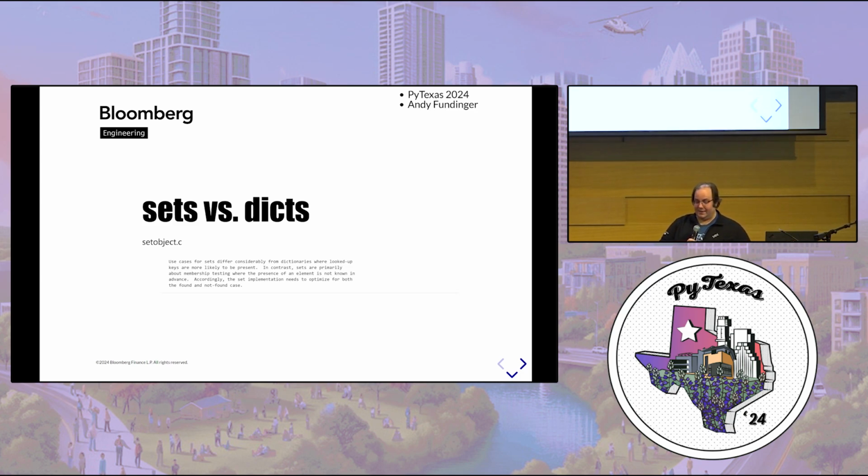In contrast, sets are primarily about membership testing, where the presence of an element is not known in advance. Accordingly, the set implementation needs to optimize for both the found and not found case, which suggests that we should find the dictionaries are faster when the thing is there, and the sets are faster when the thing is not there. Testing has shown this not to be true.